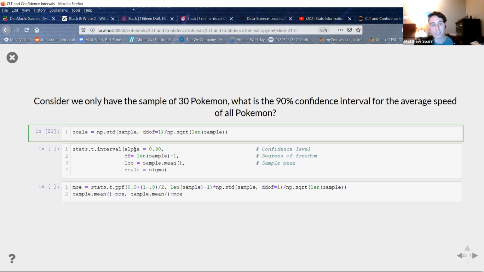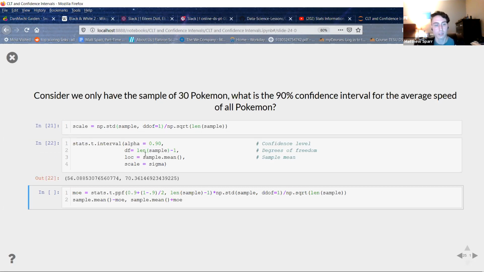And so we pass in alpha, which is the confidence level, the degrees of freedom, which is n minus 1, so it's our sample size minus 1. And then the loc is basically the mean, so we pass in the mean of the sample. And then the scale is actually the sample standard deviation divided by the square root of n. So it's basically just those two parts of the margin of error formula combined together. So if we run that, we get this interval here.